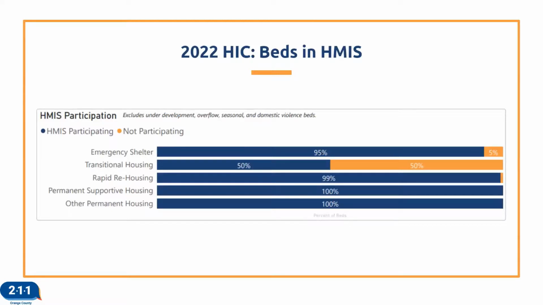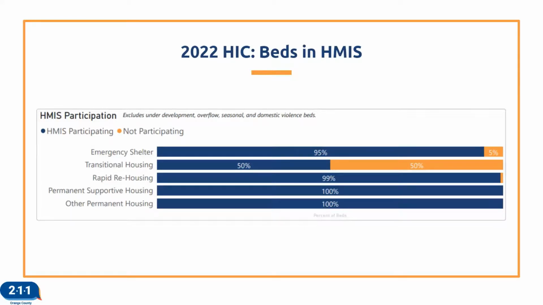All right, so this is my last chart on the HIC. This is looking at the number of beds that were included on the HIC and what percentage of those are participating in HMIS. And this excludes domestic violence beds because those beds cannot participate in HMIS. So you can see for most of the project types, we're doing really well.